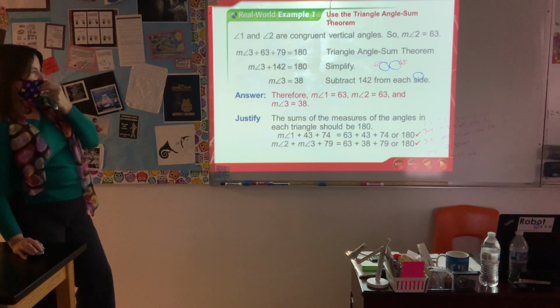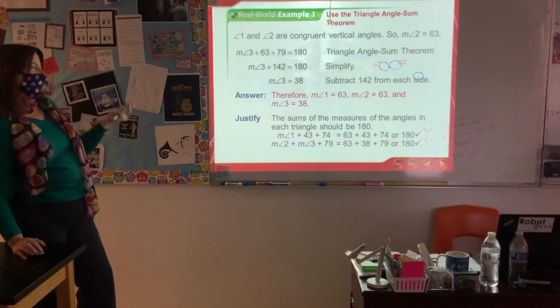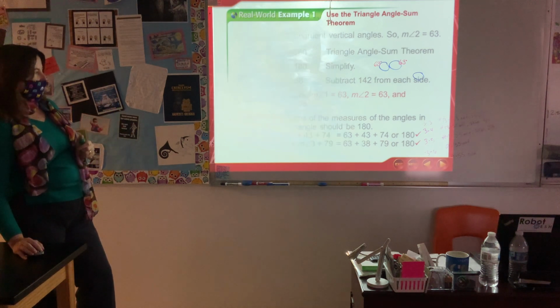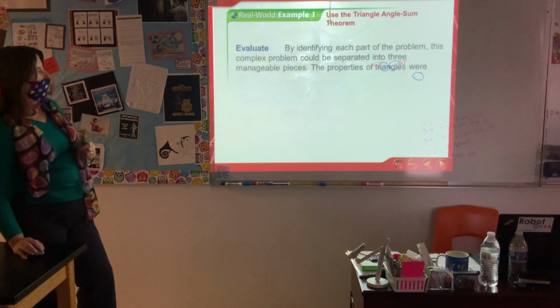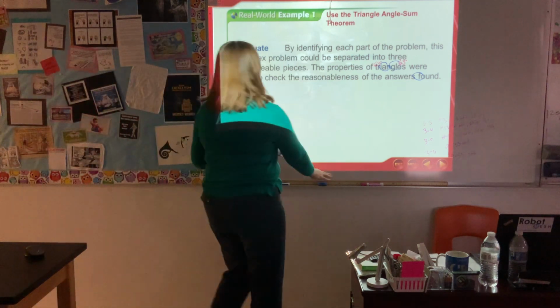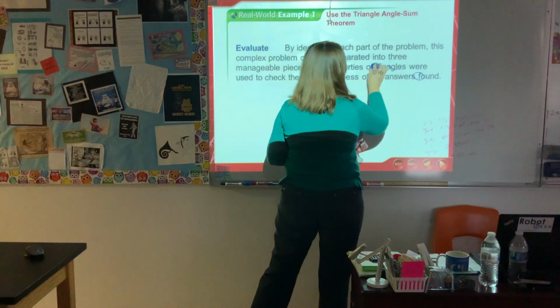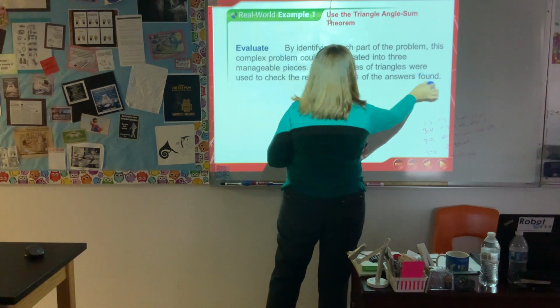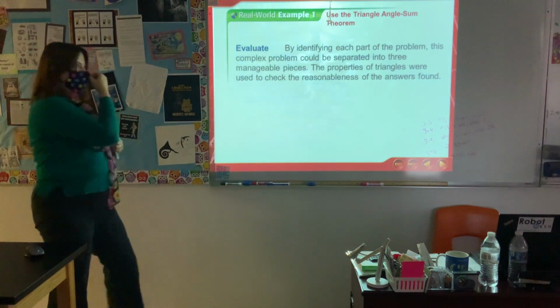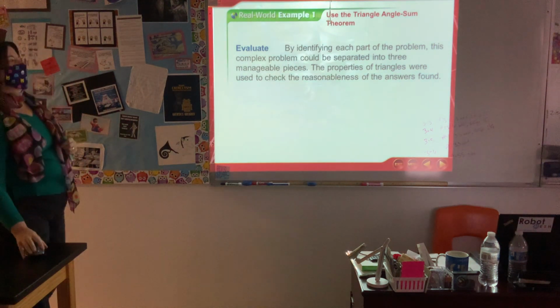Justify: when we add up all those angles, each triangle should sum to 180. By identifying each part of the problem, this complex problem is separated into manageable pieces. Then we use the properties of triangles to check the reasonableness of the answers.